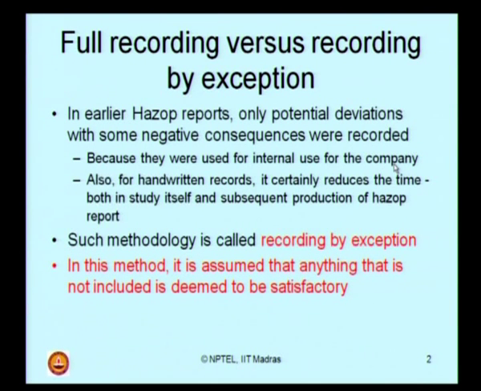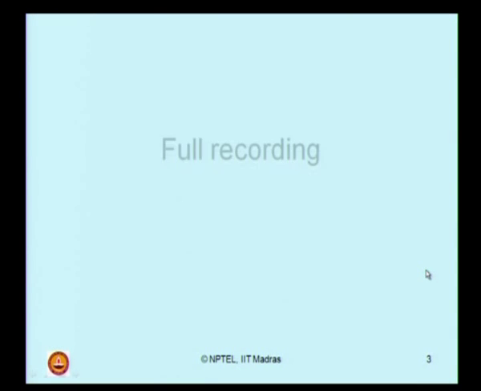Now, as days passed, Hazop reports started being recorded in a full format. But in the exception method of recording, it is assumed that anything that is not included in the report is considered to be satisfactory. That was an assumption made: if you do not indicate any specific deviation in a recording by exception, people presume that those deviations were considered and observed to be satisfactory.